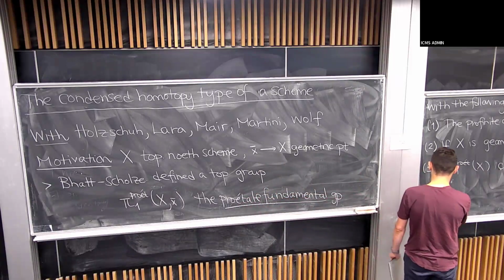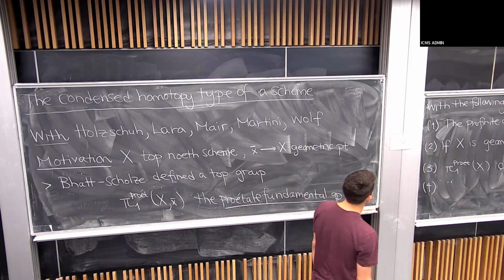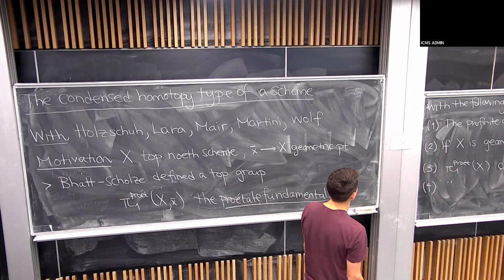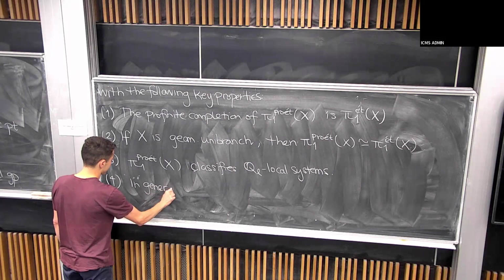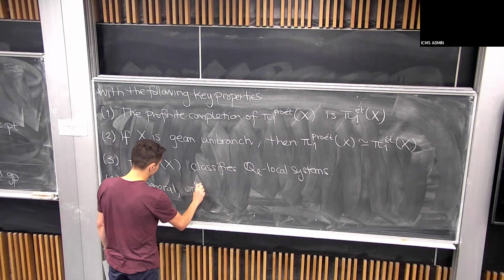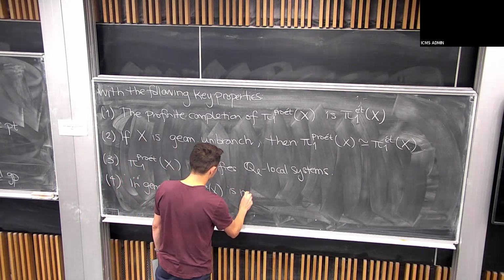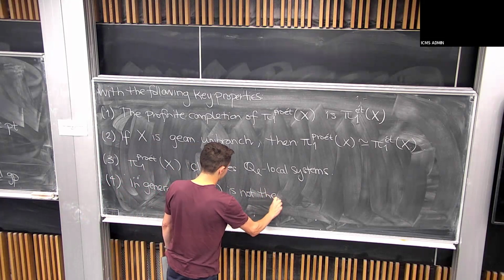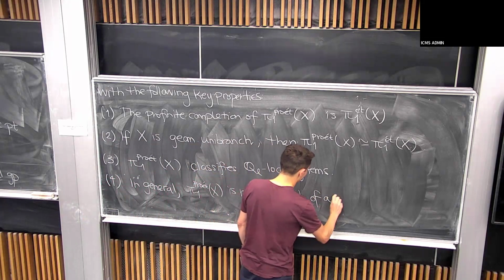And then, well, the fourth one is maybe not a helpful property, but it just normalizes stuff, is that in general, this pi1 pro-et is not the limit of a pro-group.